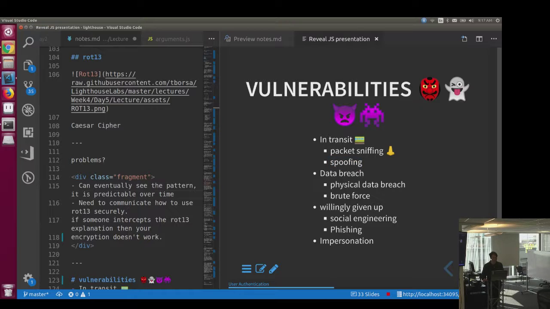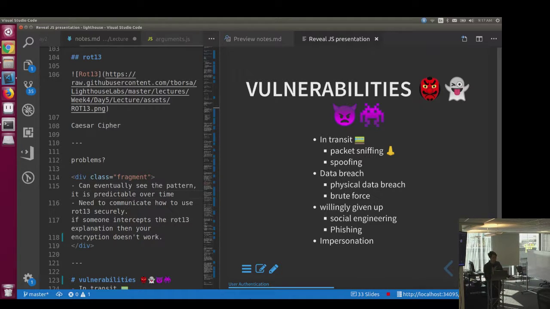We have spoofing. Spoofing is the idea of impersonating another user. If I'm doing HTTP requests from my computer to another server, someone could impersonate that server, pretend that they're the correct people to be sending me information back and forth. You can just have good old-fashioned data breaches, data stored physically on your computer.